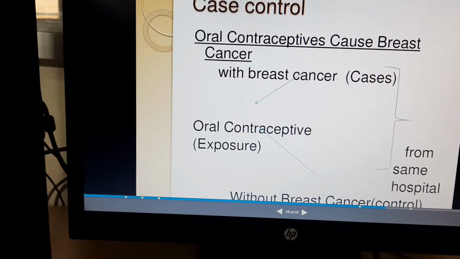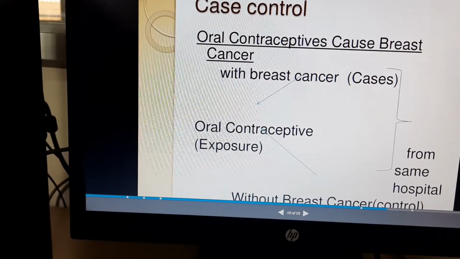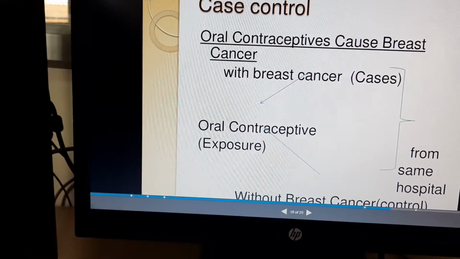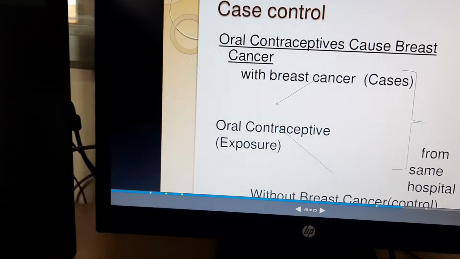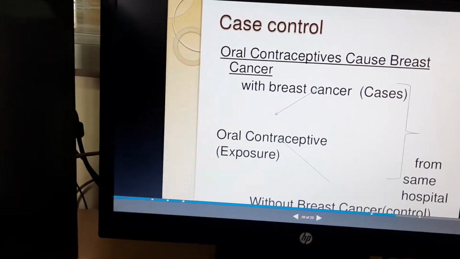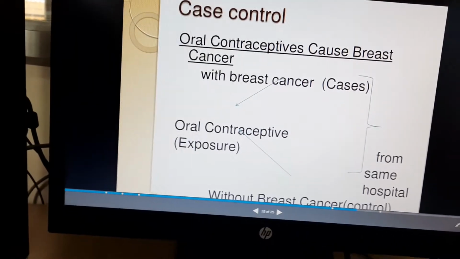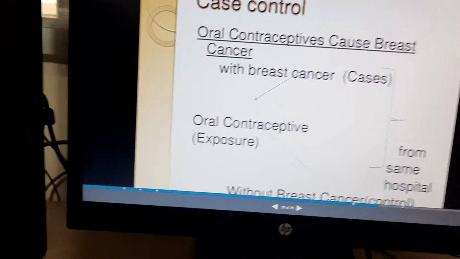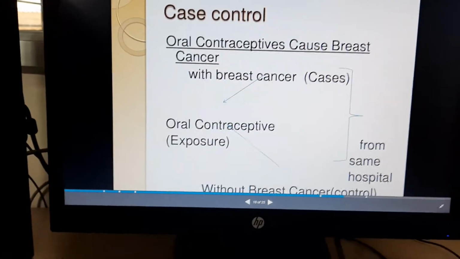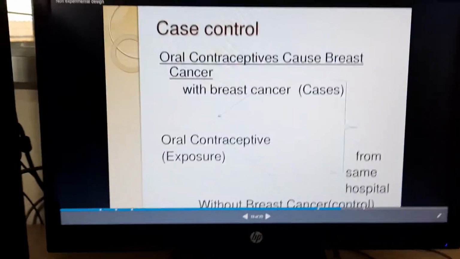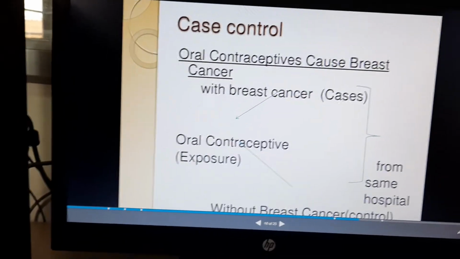Oral contraceptives cause breast cancer. With breast cancer cases, oral contraceptive is the exposure. The persons who take oral contraceptives for a long time, like 5 or 6 years, the maximum is 3 years only, but those who take it for more than 3 years are at high risk of getting breast cancer.